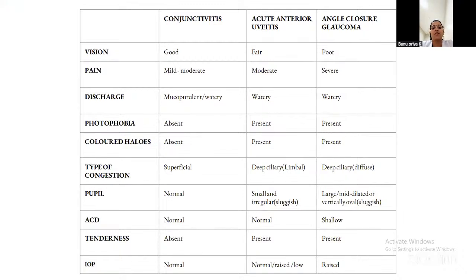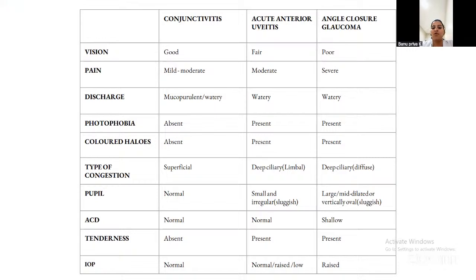Vision is not disturbed in conjunctivitis and anterior uveitis, but it is disturbed in angle closure glaucoma due to corneal edema. Pain will be mild to moderate in conjunctivitis and uveitis, but it will be more in angle closure glaucoma. Discharge could be mucopurulent or watery in conjunctivitis.